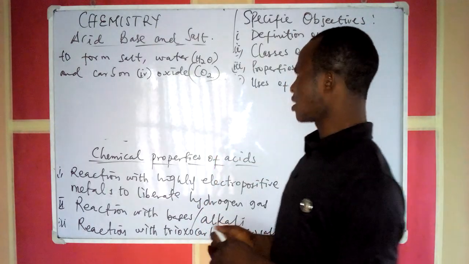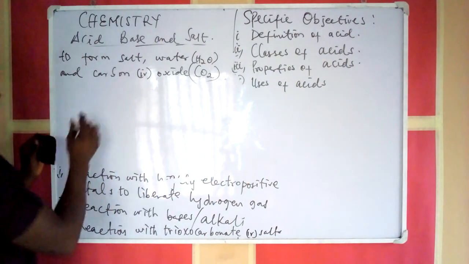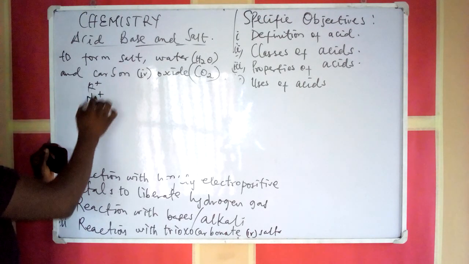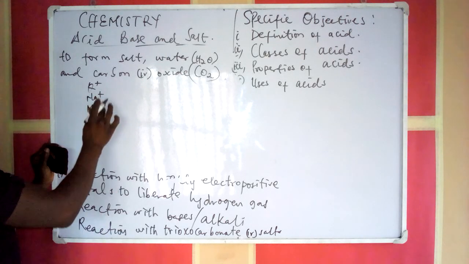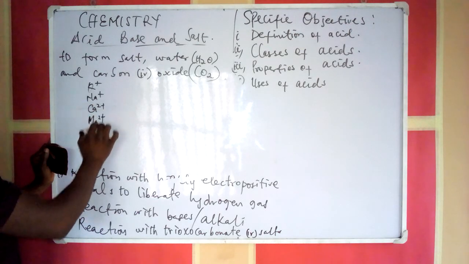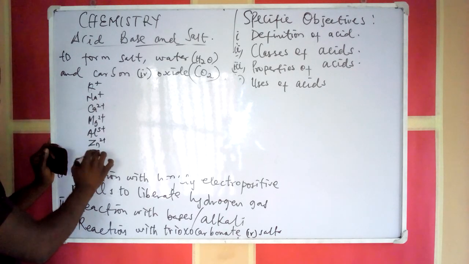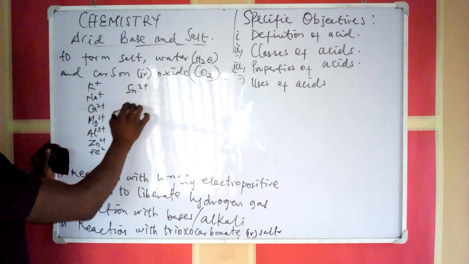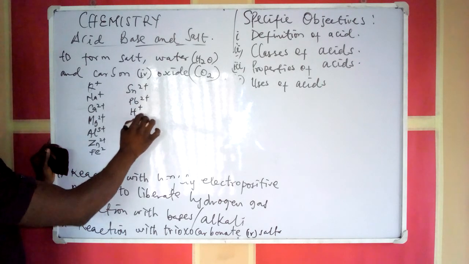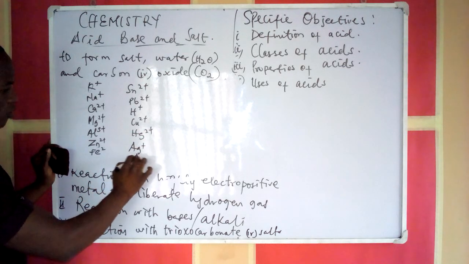Let me take a look at something. We have potassium, sodium, calcium, magnesium, aluminum, zinc, iron, tin, lead, hydrogen, copper, mercury, silver, and gold.